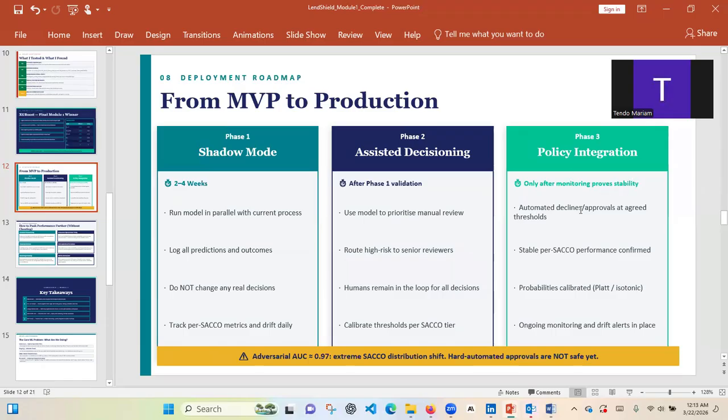We automate declines and approvals at agreed thresholds, as we saw in the threshold policy. Then we stabilize per circle performance. We confirm the stable circle performance. And then we calibrate the probabilities, and then the ongoing monitoring and drift alerts are in place.